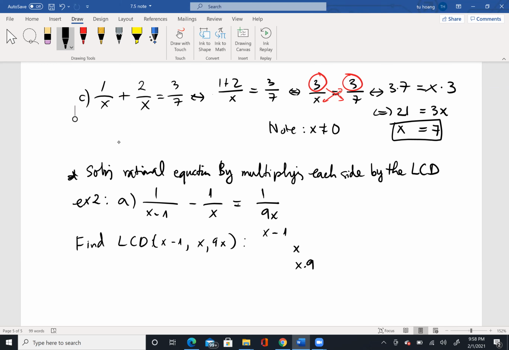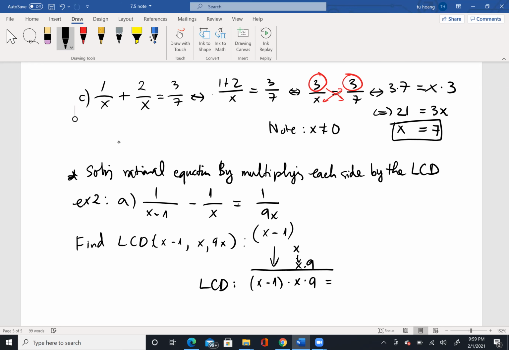So when you find the LCD, it's going to be x minus 1 put down, right? Because there's nothing in common. x with x here, so put it down, and then 9, right?